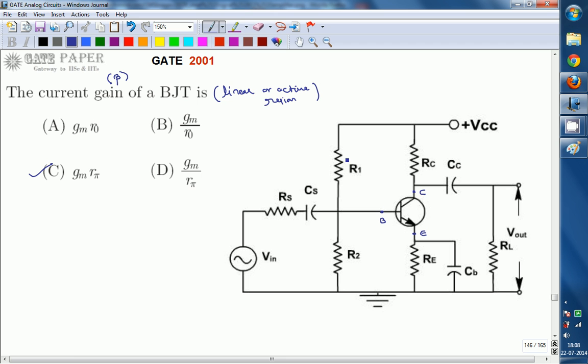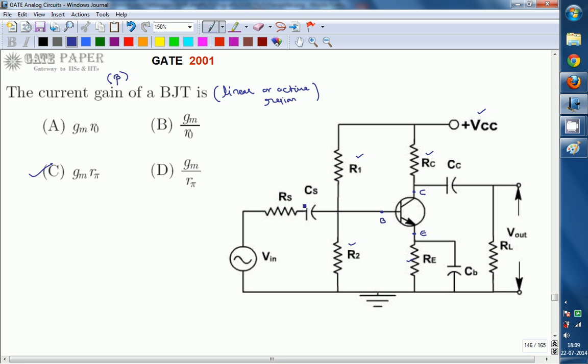We use R1, RC, R2, RE, along with VCC, these 5 elements, to keep the transistor in the active region. This process is called biasing.